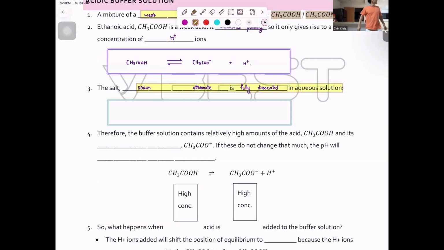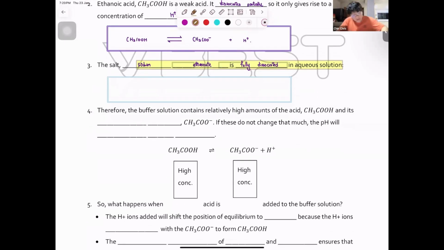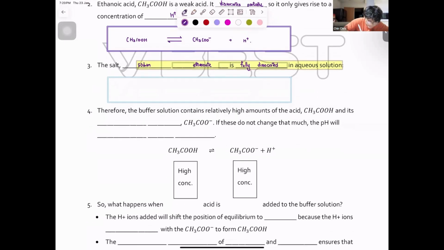Next, let's write down the equation. CH3COONa turns into CH3COO- and Na+. Done.